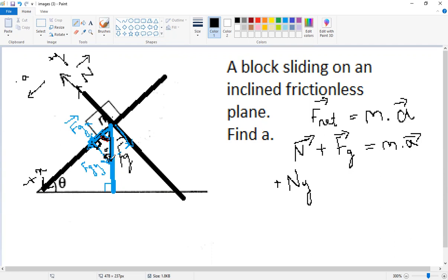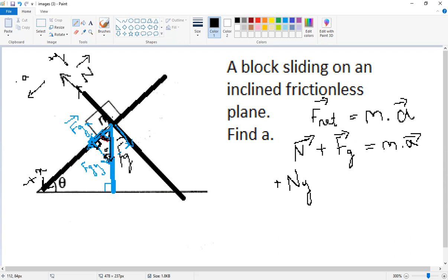Okay, so now let me write the components of this vector first, and then we will use the cosine rule and the sine rule. Now, look, if I want to write the components of Fg, it's Fgx and Fgy, right?